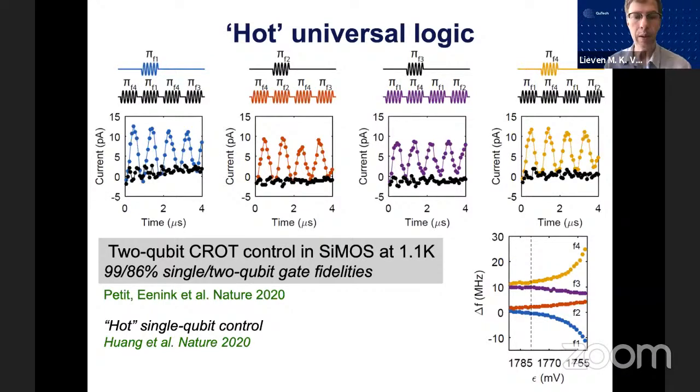So here is work from Menno Veldhorst's group at QTech, where they tested universal 2-qubit control beyond the Kelvin, getting quite decent fidelities for the first experiment. Also, the Dzurak group tested single qubit control at well above a Kelvin. And ultimately, I think that there may be some compromise operating temperature.